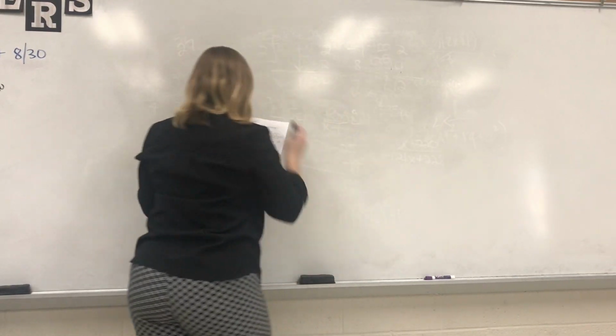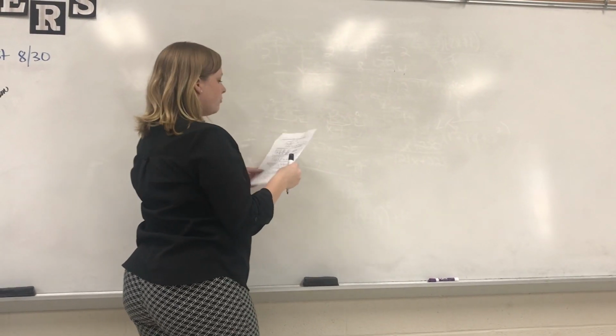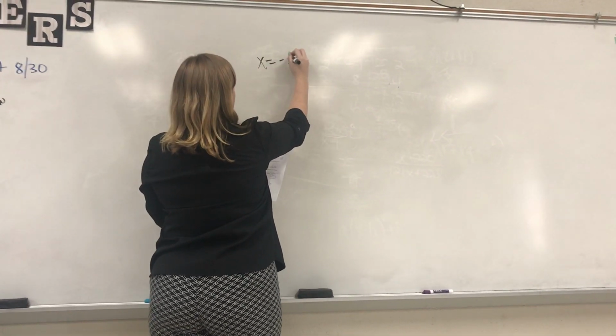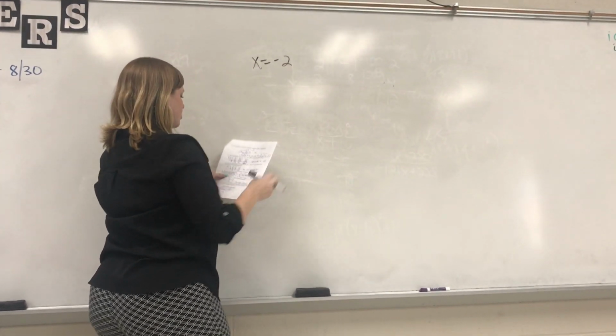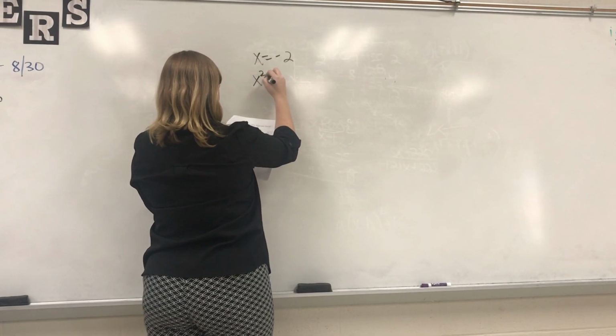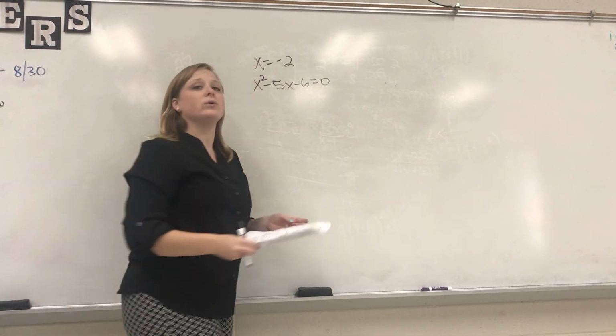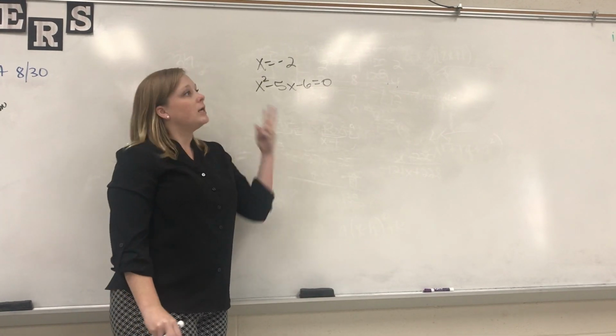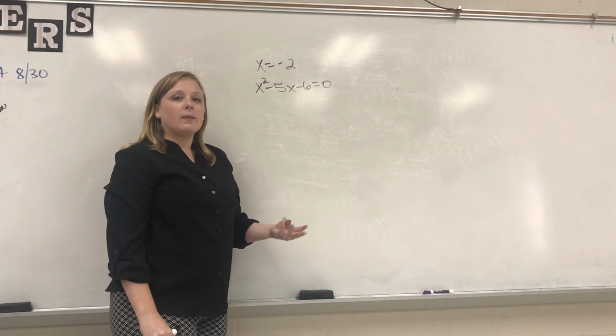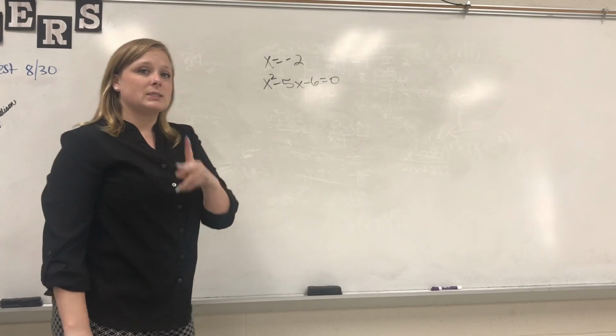All right, write an equation for a function that has a root of x equals negative 2 and has the same two roots as x squared minus 5x minus 6 equals 0. Remember, roots are a fancy word for zeros, intercepts, all that stuff, okay? So there's a couple ways you can do this.